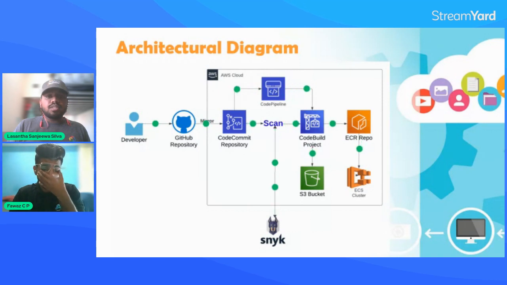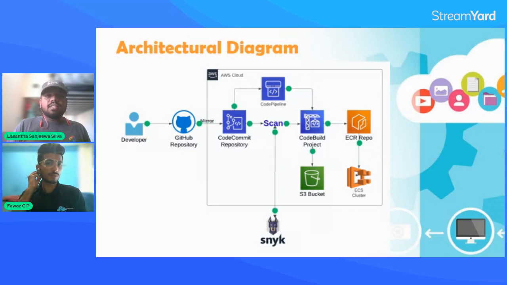Next we create a task definition and a service. In the task definition we mention the manifest: which Docker image we need, and we put the ECR repository name here. Then we create the service, and inside the service we set how many tasks we need. Finally, it deploys to the ECS cluster.